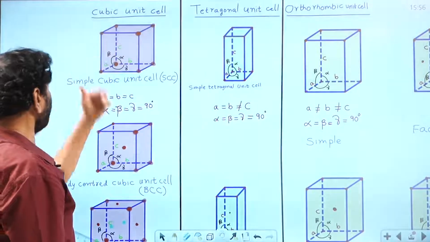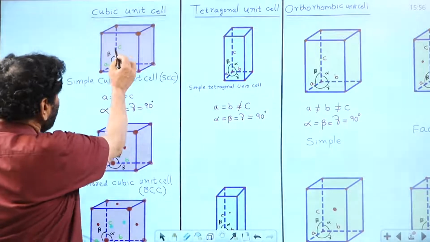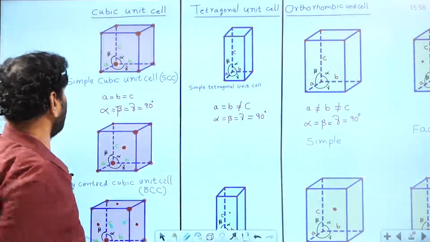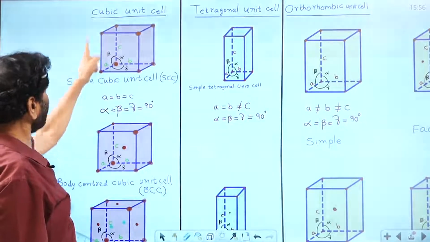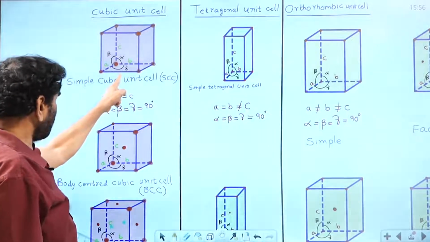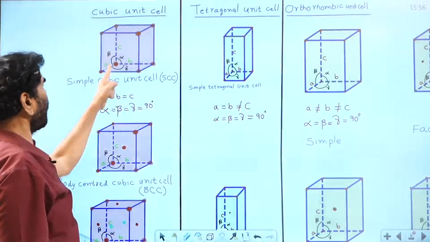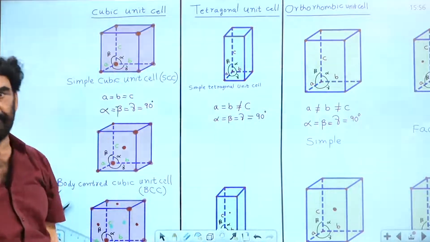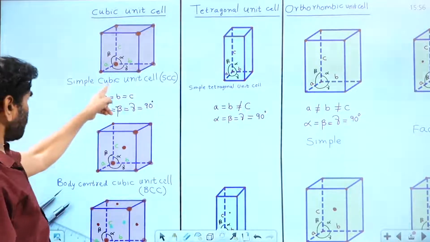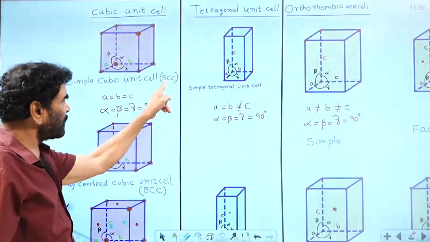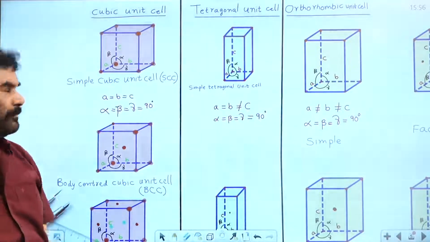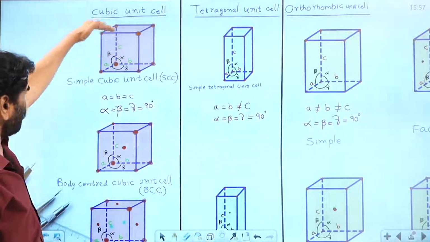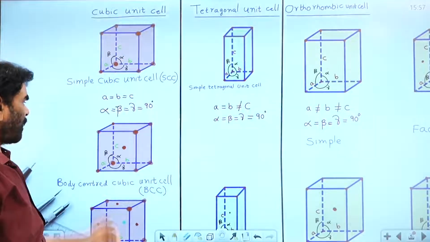In the cubic unit cell, three variations are possible. The lattice points can be at the corners. In that case, it is called the primitive unit cell, that is the simple cubic unit cell, SCC unit cell, with lattice points present only at the corners.